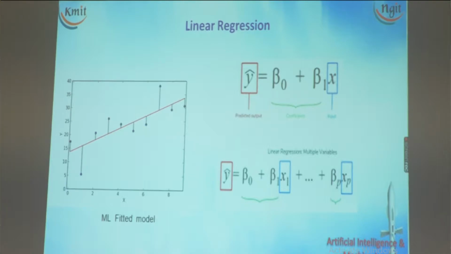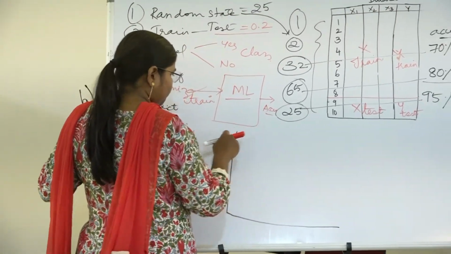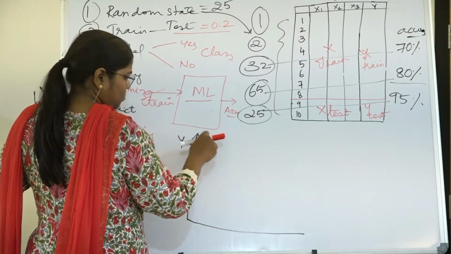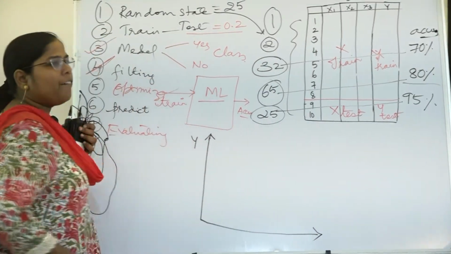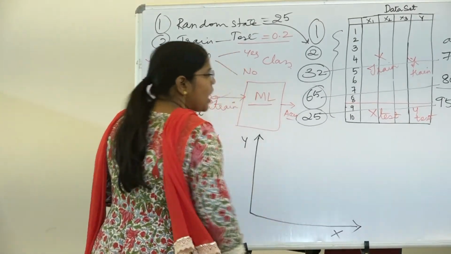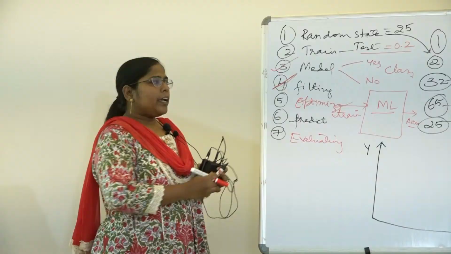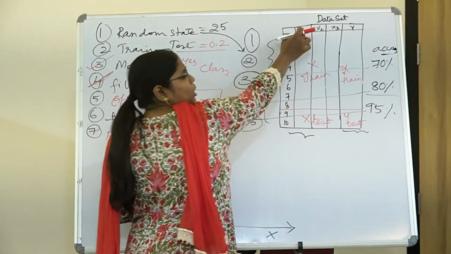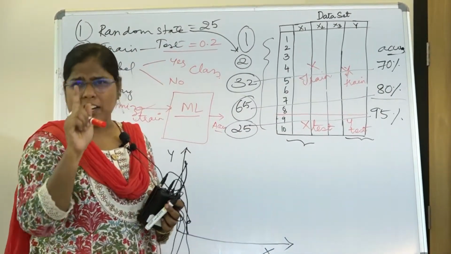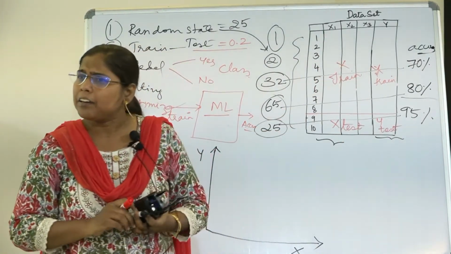When I draw the plot, I'll take only one variable and one outcome. Here we have an x variable. I am taking only one column. And how many outcomes are there?